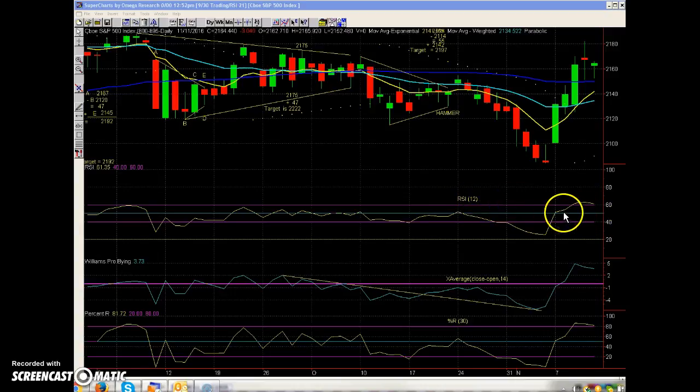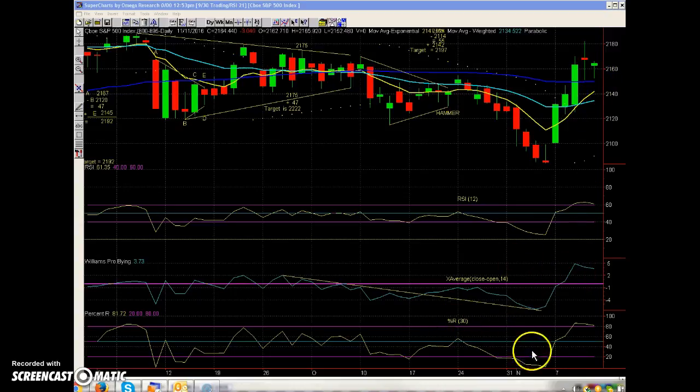RSI 12 went above its 60% line again, and it's telling us that the trend is continuing to be up on the daily chart. As far as the pro-buying indicator is concerned, we can see that we bumped off of this trend line that was giving us the trend of the lower highs all the way down, and so the pros have done some buying here during the last week.